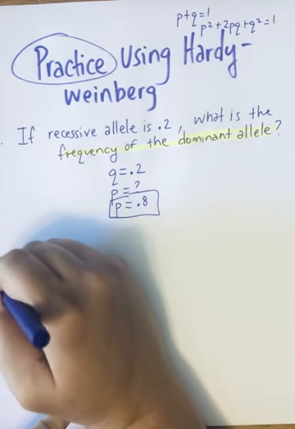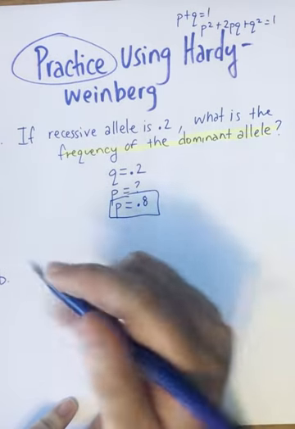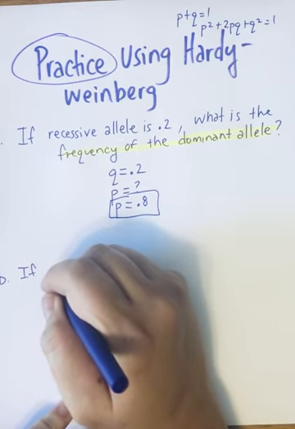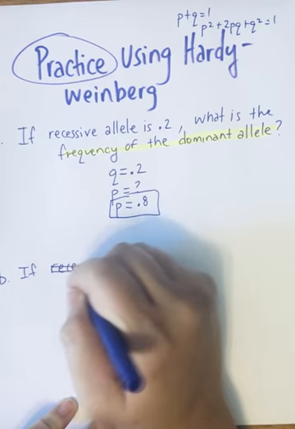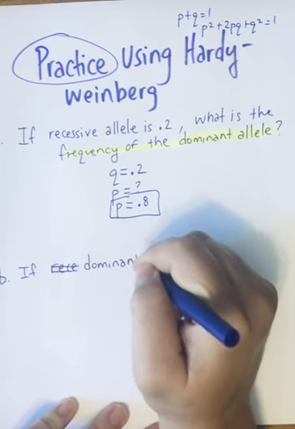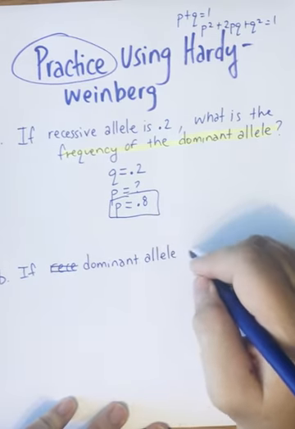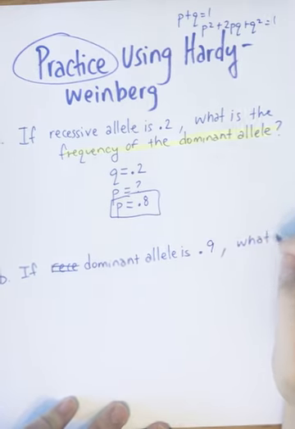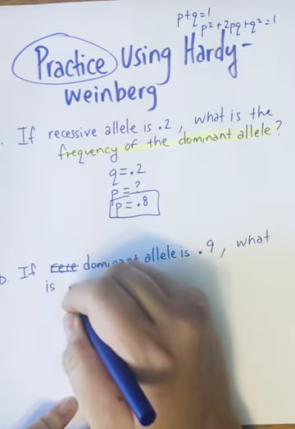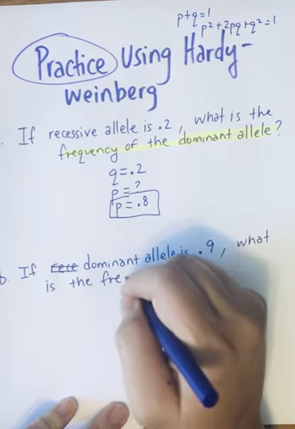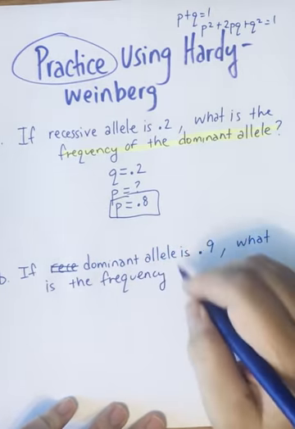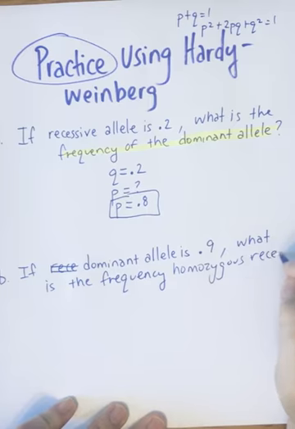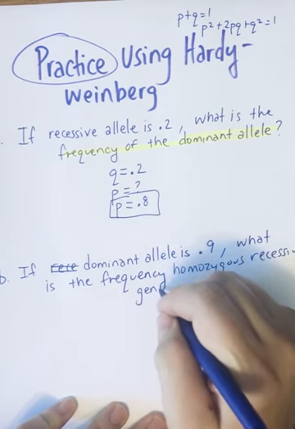All right, second example. You can do that in reverse. Now let's do dominant. If the dominant allele is 0.9, what is the frequency of the homozygous recessive genotype?